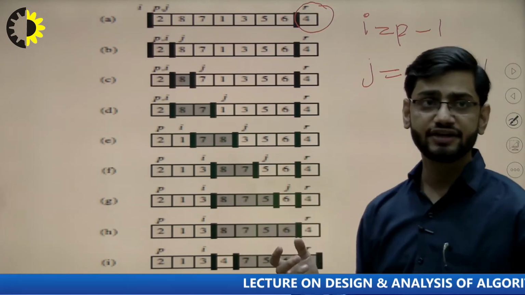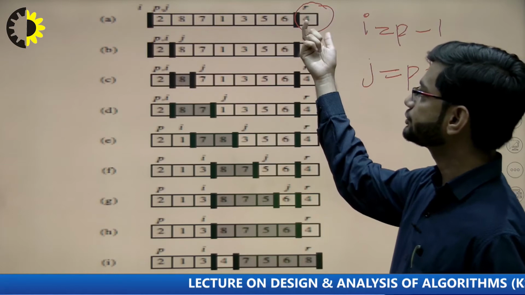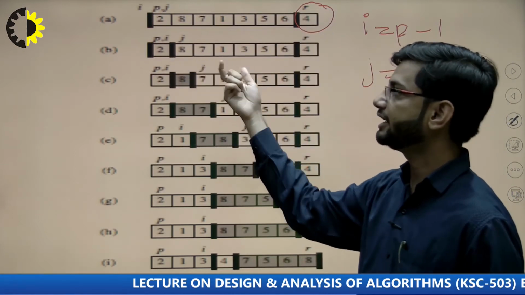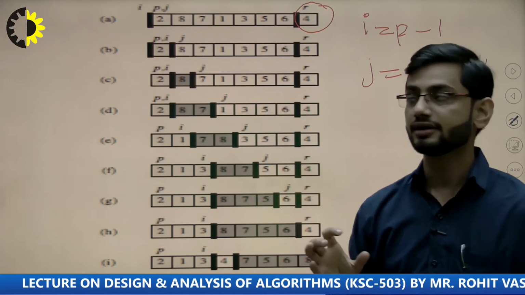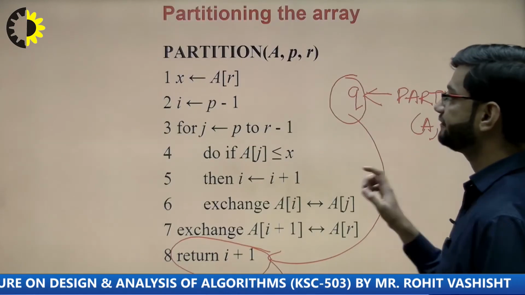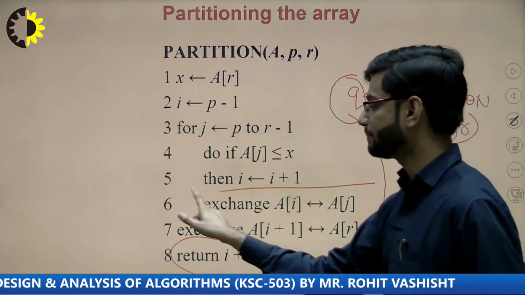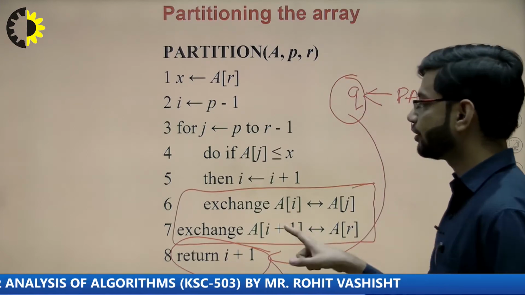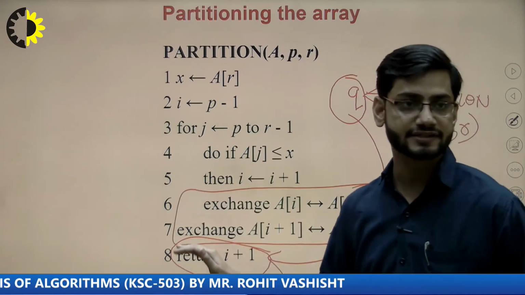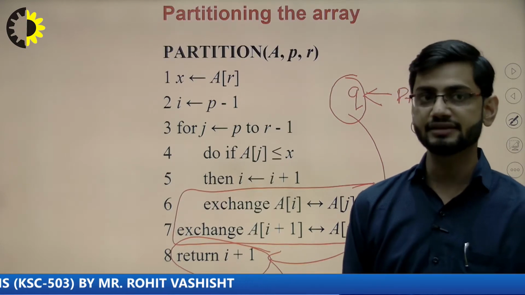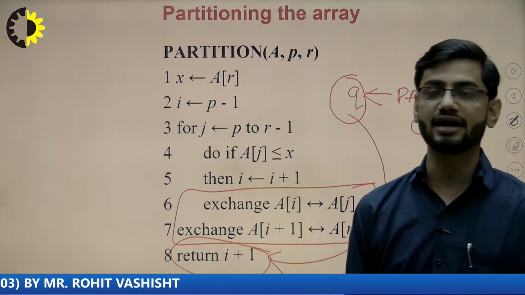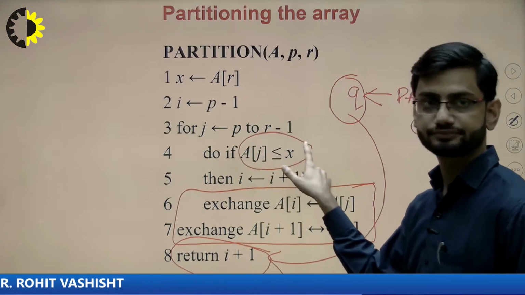Now my task is to place this element 4 at its correct position. So what I will do, I will compare this 4 with each and every element of the array and do the swapping. In the previous slide we studied that the swapping will be done depending on the comparison. In step number 6 and 7 we are doing the swapping after comparing the elements of the array with the pivot element x.